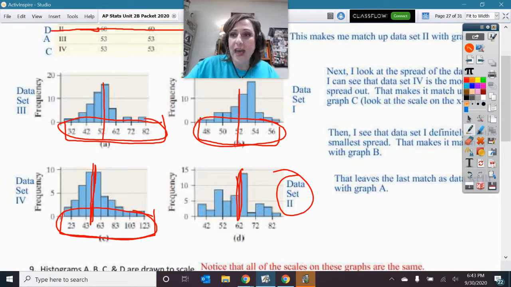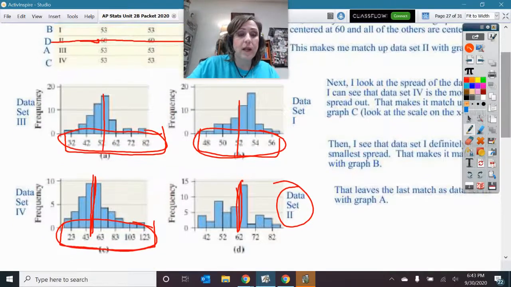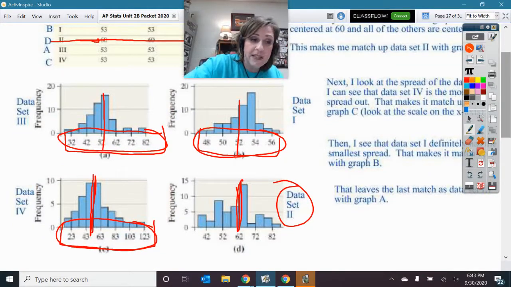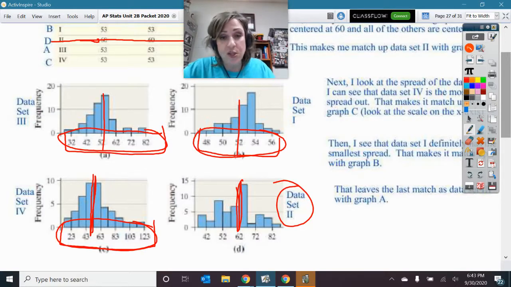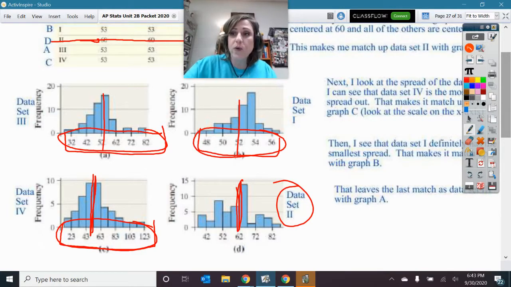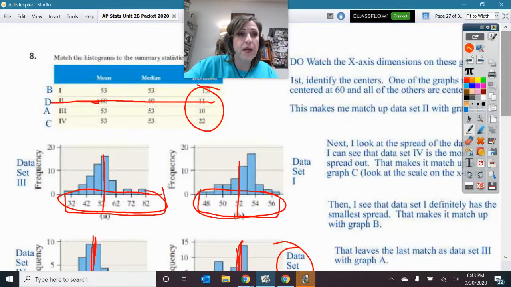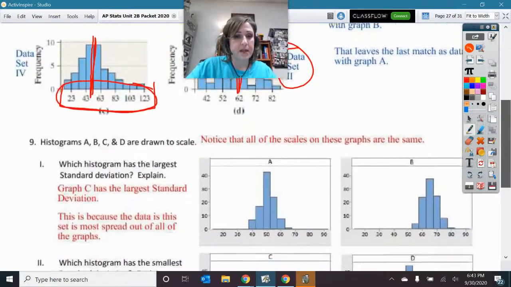Based on that, I can tell that the one that is most spread out is graph C. Least spread out is graph B. So that's how I paired them up: data set 1 goes with B, data set 3 goes with graph A, and data set 4 goes with graph C.